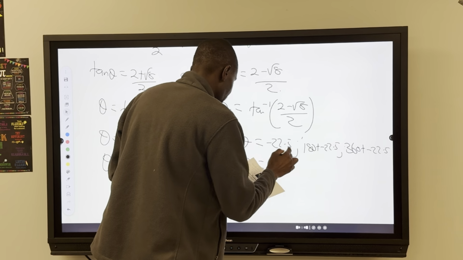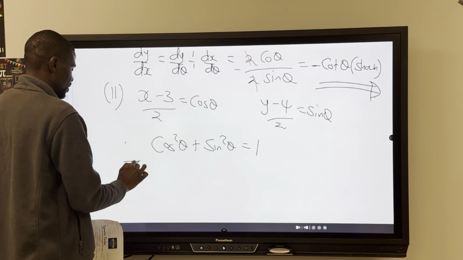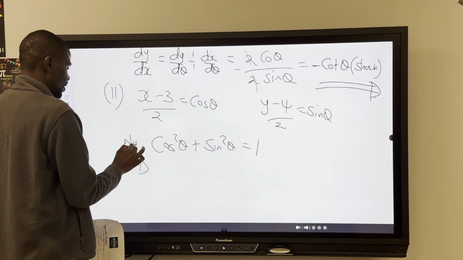Then we apply the identity cos squared theta plus sine squared theta equal to 1. This implies that (x minus 3 over 2) squared plus (y minus 4 over 2) squared equal to 1.